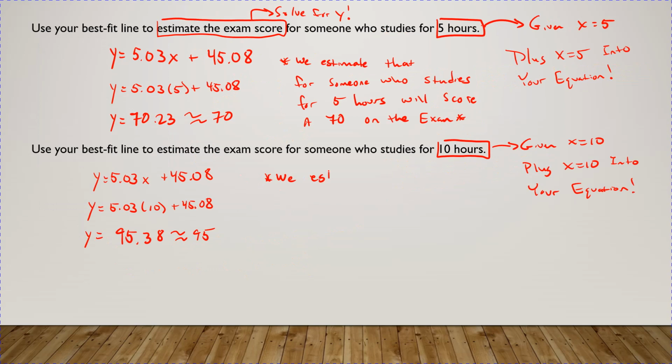So we estimate that for someone who studies for 10 hours, they will score a 95 on the exam.